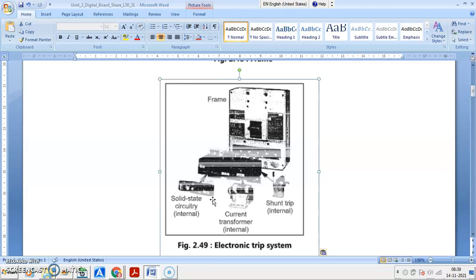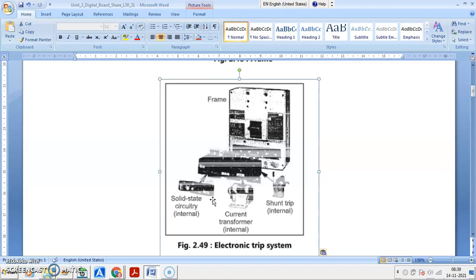So you may have different selection criteria for MCCB as we have just discussed. Then you may have this electronic trip unit which you are observing, which consists of electronic circuitry, current transformer and other devices.